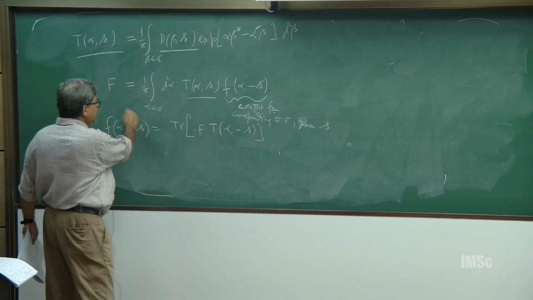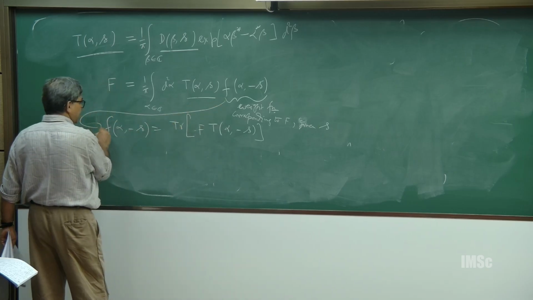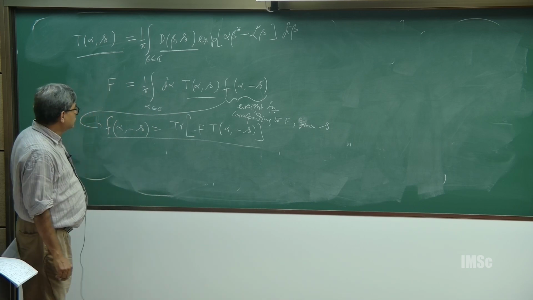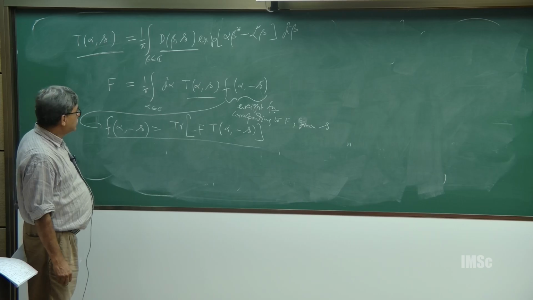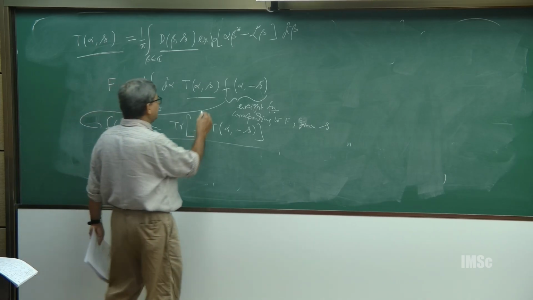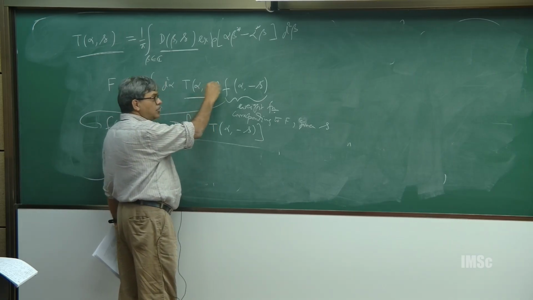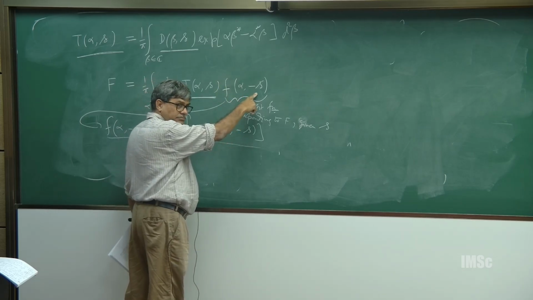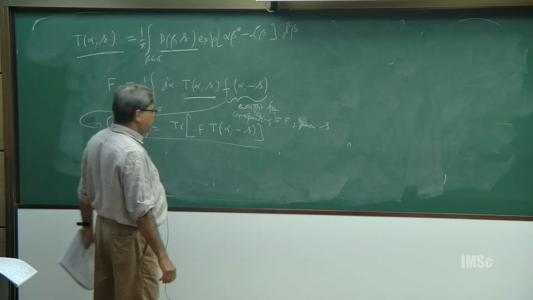You first write f in this form, and then you can figure out that F is of this form. Why did you take this F of alpha comma minus s? Because I have taken this new set of operators which are s dependent, so my weight function should also be s dependent in general. That is okay, but why this negative sign?